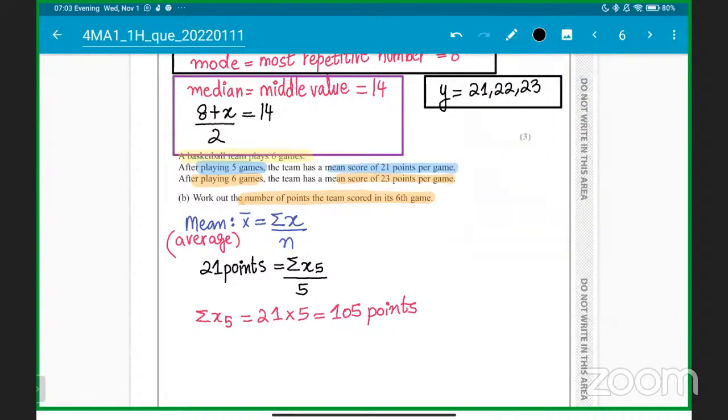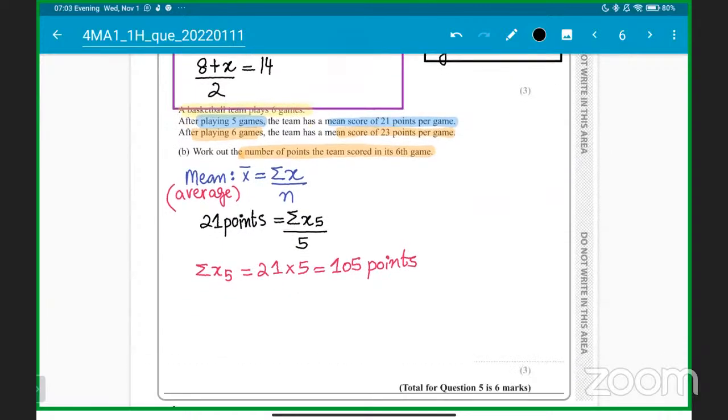Okay. Next thing is, you do the same for the case after 6 games. Now the mean is 23 after playing 6 games. So you calculate the summation of x again. After playing 6 games, the total points that the team has scored is 138 points.